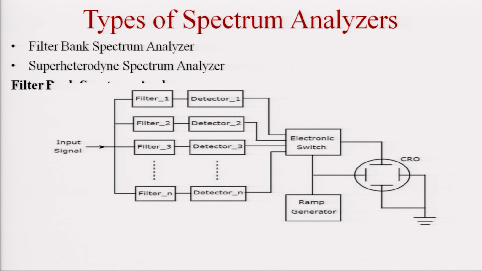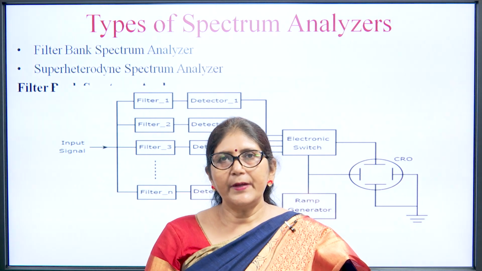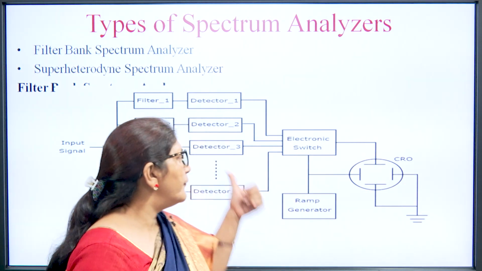There are two types of spectrum analyzer, one is the filter bank spectrum analyzer, another is the superheterodyne spectrum analyzer. In the filter bank spectrum analyzer, as shown in the figure, there is a band of filters.